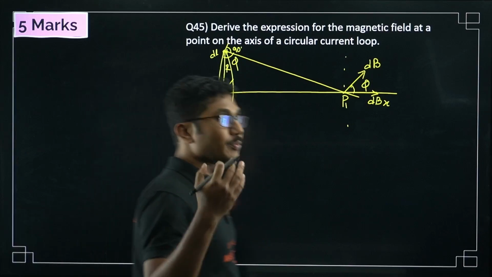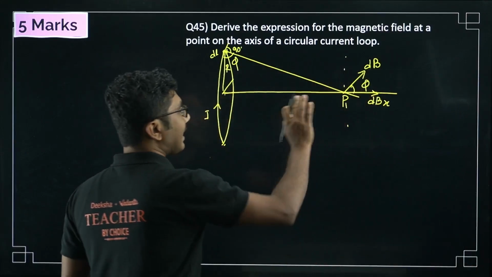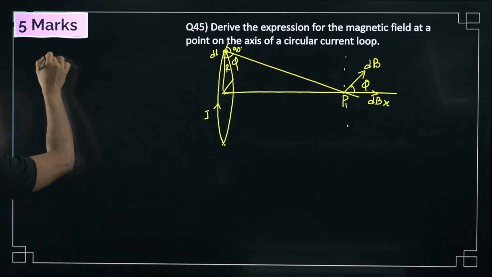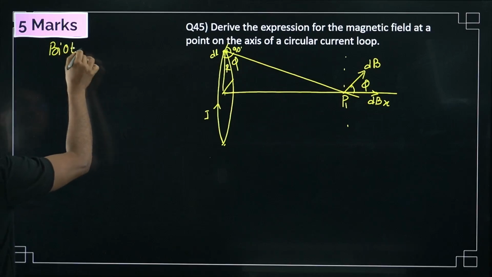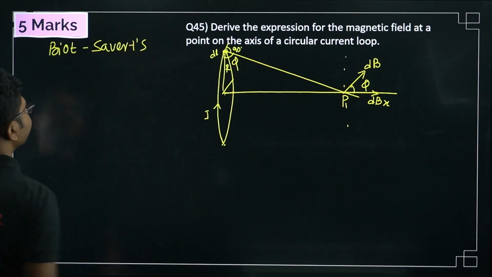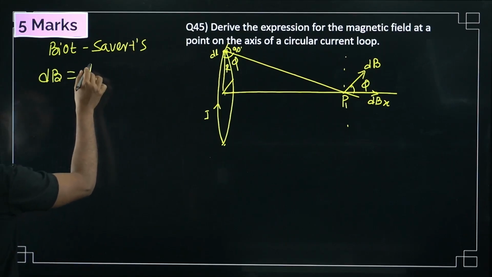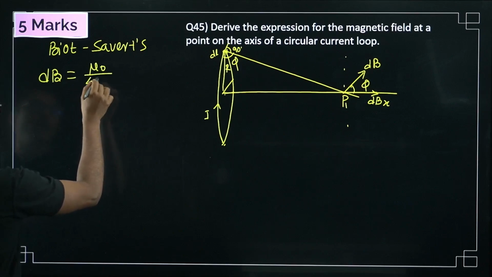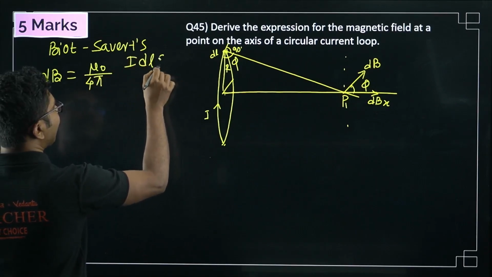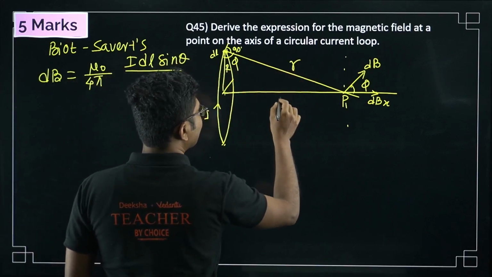If you are not super interested in that, you don't need to write it there anyway. You just need to write that the x component will survive, the y component will not. So from Biot-Savart law, we can write that dB equals mu naught by 4 pi I dl sin theta by r square.